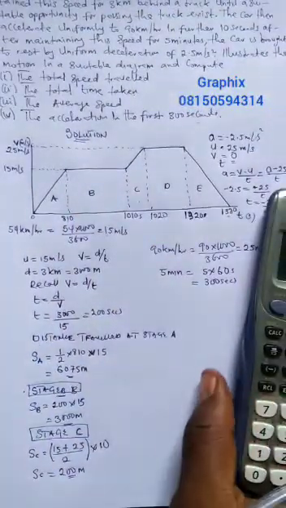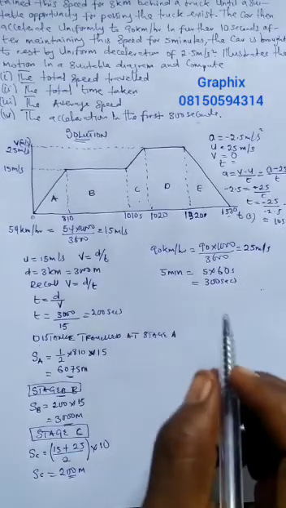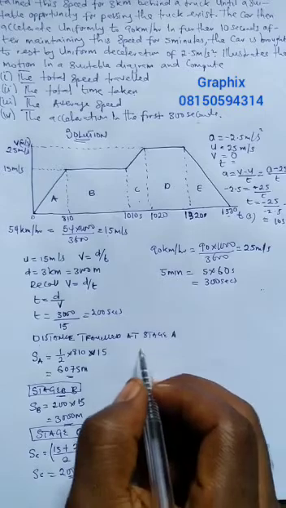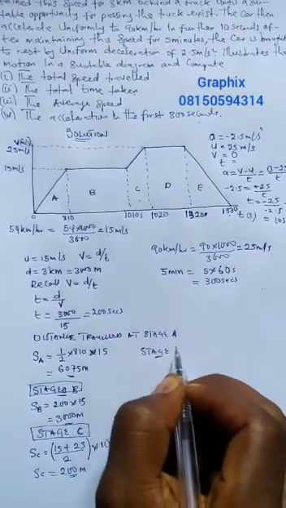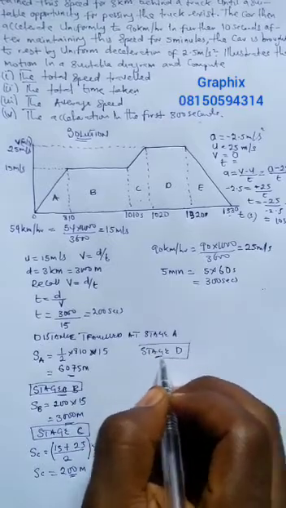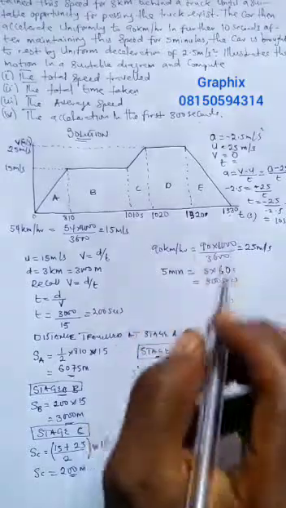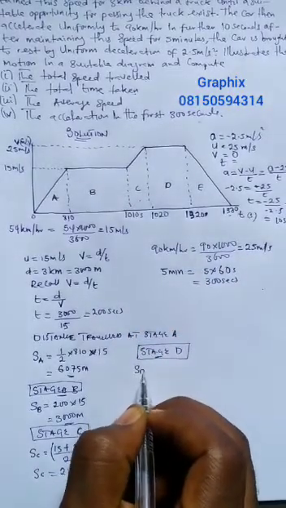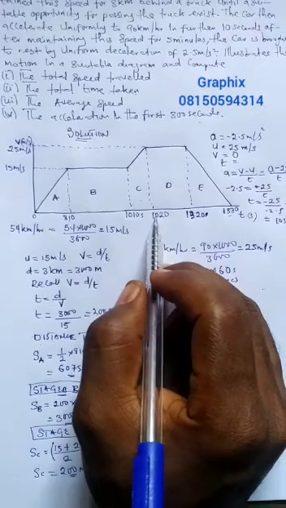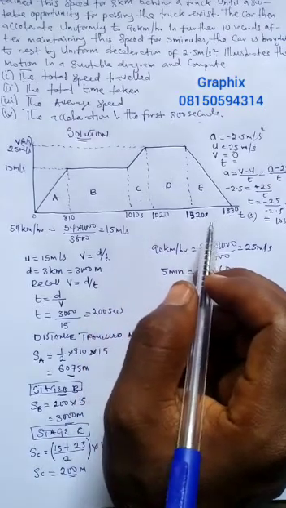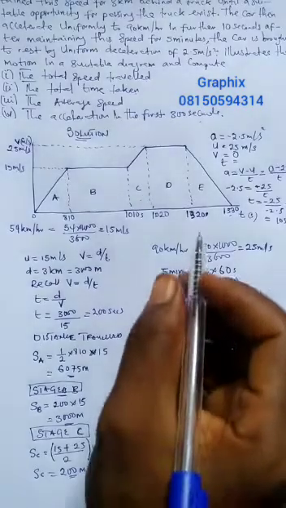Then move forward to stage D here. So my stage D, let me do it here. Stage D. This answer for stage D is also a rectangle, and it says that my SD is equal to length times breadth. So 1020 and 1320. That is 300, right?